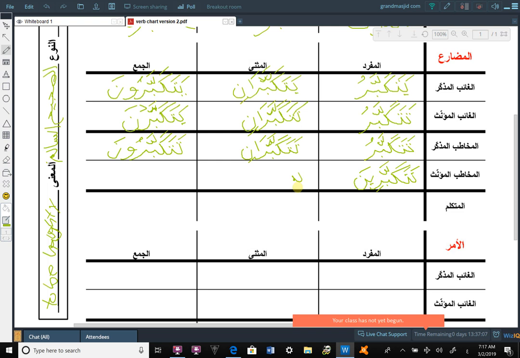Tatakabbarani. Tatakabbarna. We add the noon of niswa. Atakabbaru. And natakabbaru.